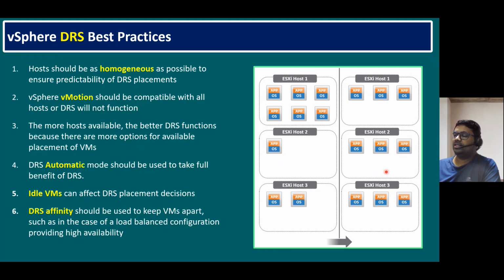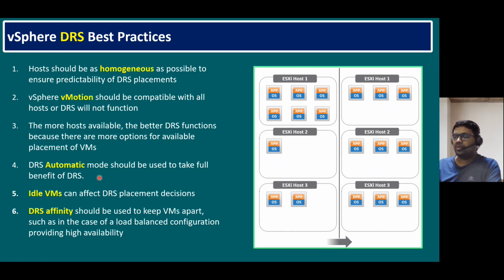And it also requires some best practices, same as HA and fault tolerance. It requires maintaining homogeneous hardware, and vSphere vMotion should be compatible with all the hosts or DRS will not function. And the more hosts available, the better DRS functions because there are more available placements of VMs.